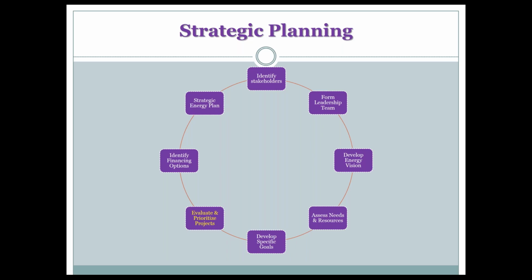This slide I've shown in the past. Today, really talking about that in the bottom left-hand corner, you see highlighted, evaluate and prioritize projects. All of these items essentially are what go into strategic planning and ultimately get you to a point where you can really even try to prioritize projects and evaluate. I think in some cases, maybe the project's coming first and the organization isn't necessarily set up yet.